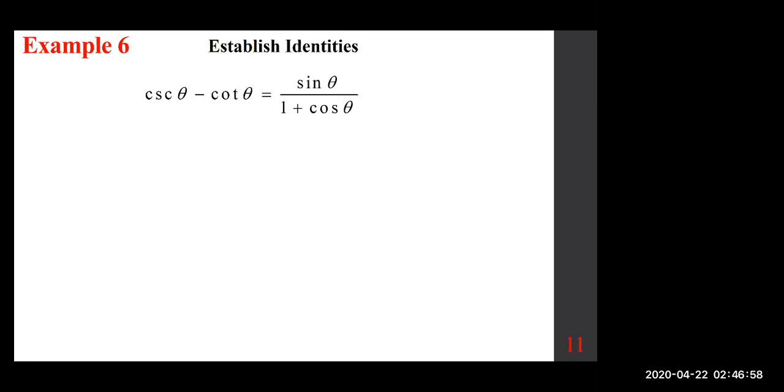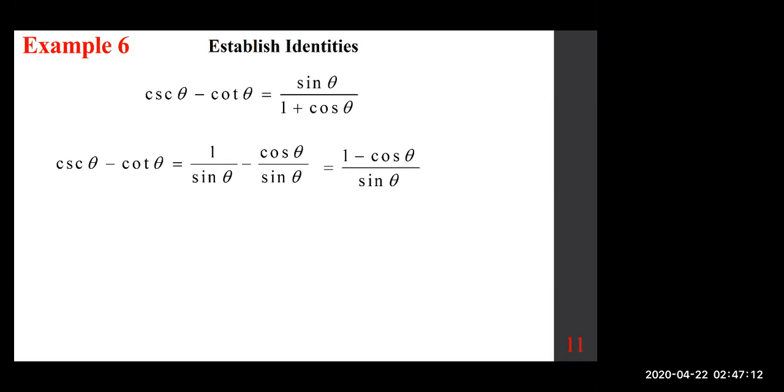As you can see, the left side is cosecant and cotangent, okay, class? So we can write it as 1 over sine minus cosine over sine. And of course, common denominator is already there. Now, we had a case like that before, okay? In order to make this one look like the right side, we did a trick.